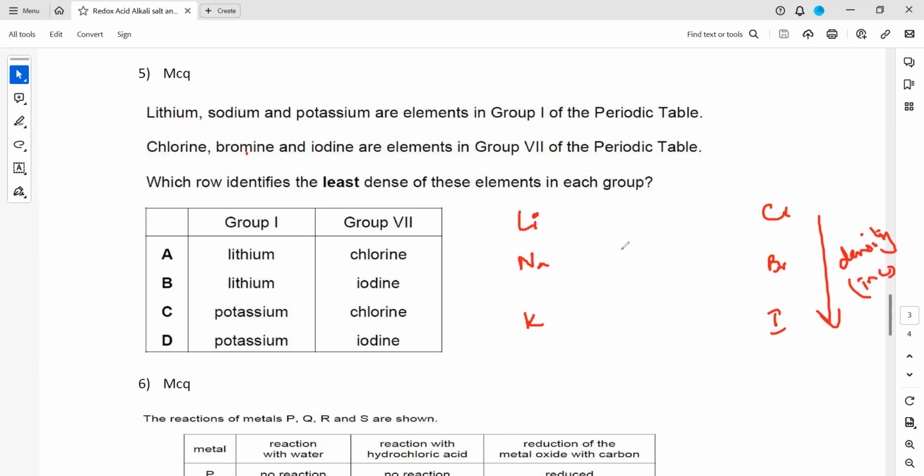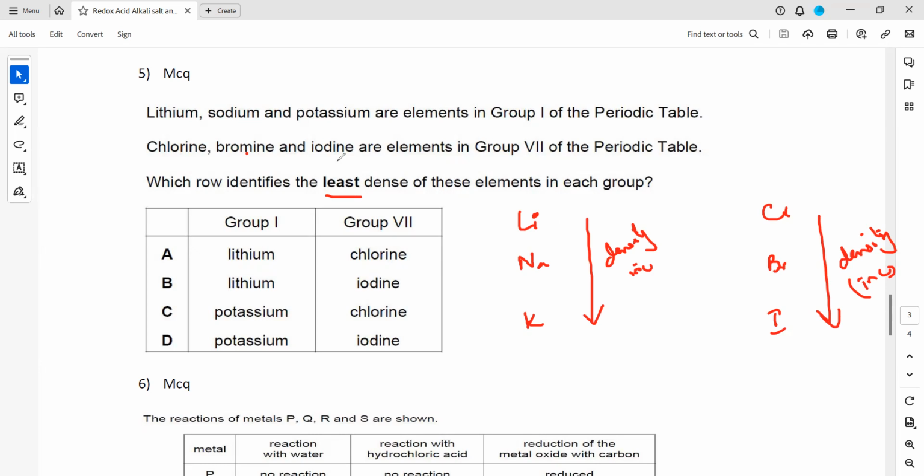So what will happen to density as we go down the group? It increases, the same thing that happens for the alkali metals. As we go down the group, the density increases.